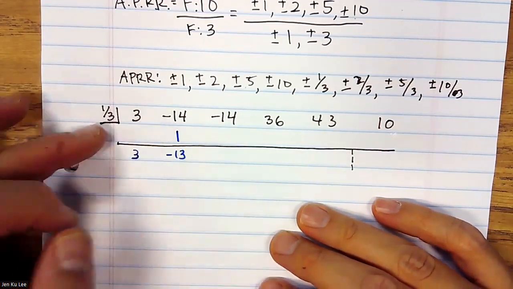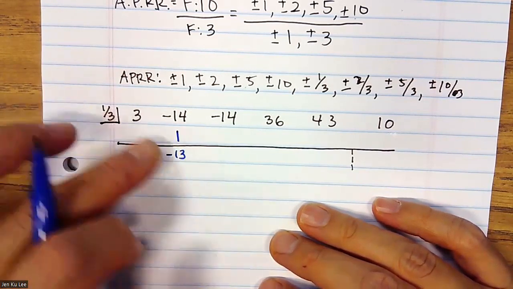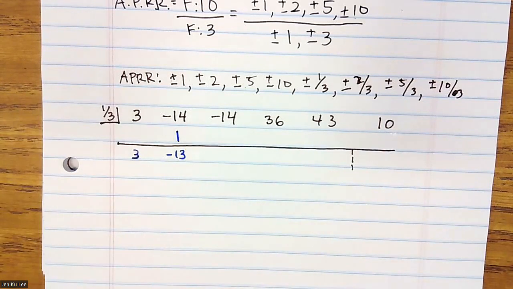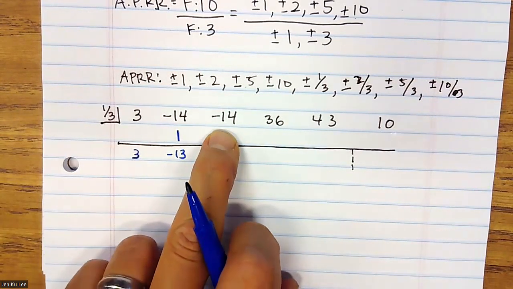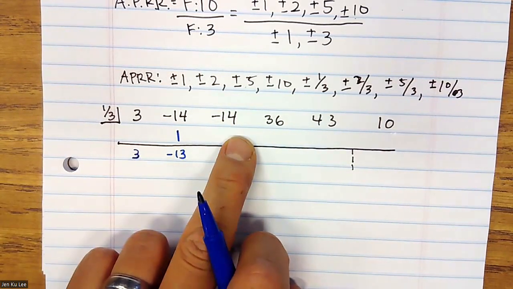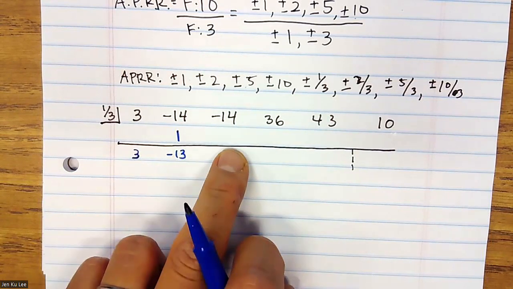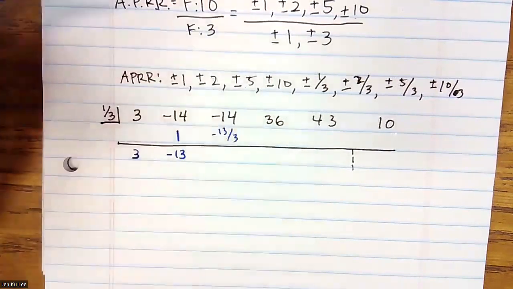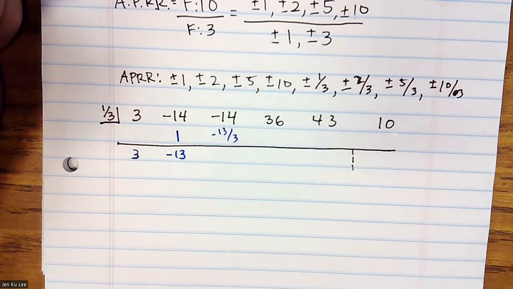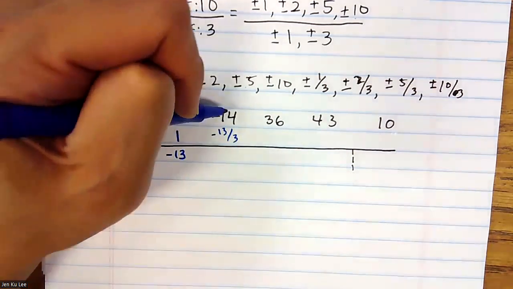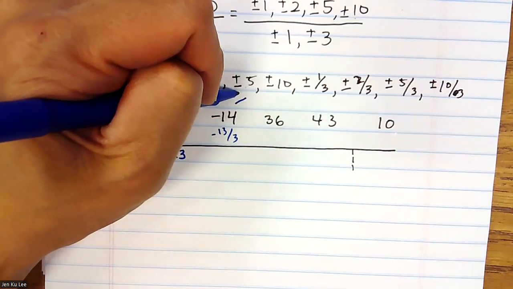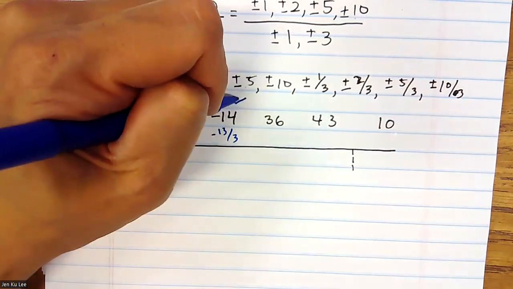Because again, I don't want to put my energy into trying to do 13 over 3 or negative 14 minus 13 over 3. If you did, this would be negative 13 thirds, right? Yeah, I'll show you the energy that you guys would expect. Negative 14 is 42 over 3.